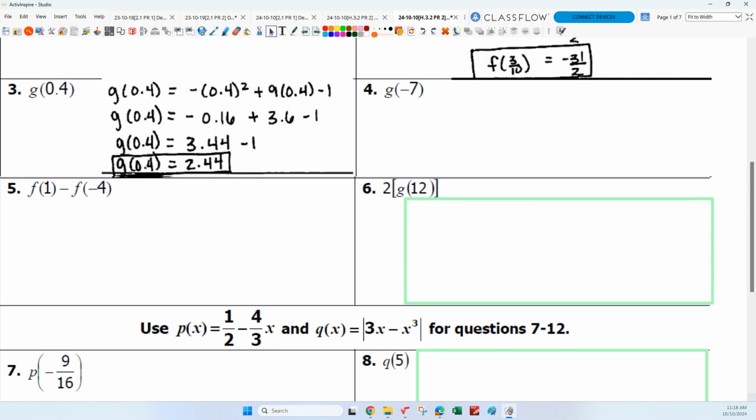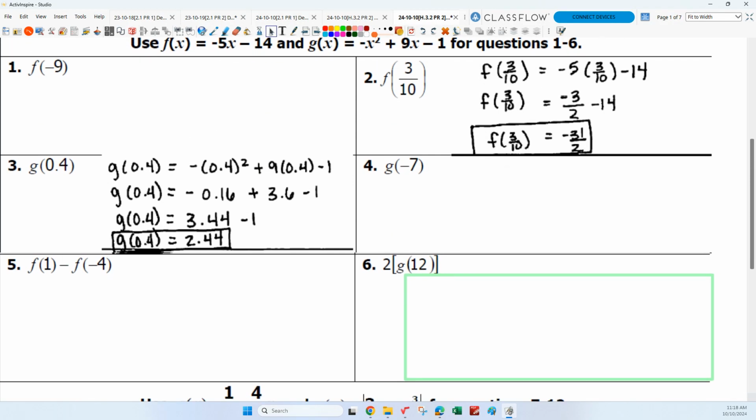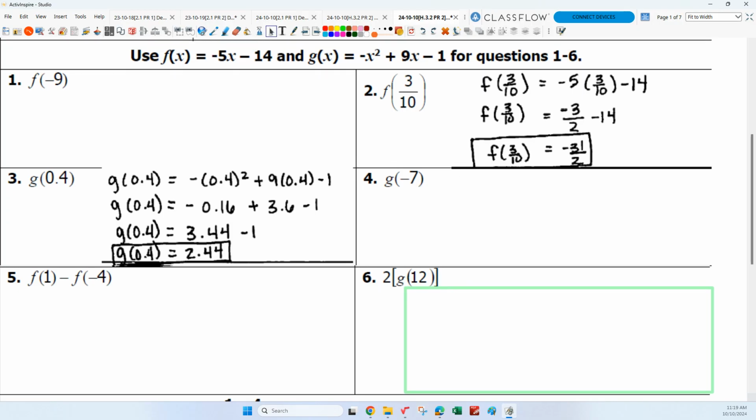What would I be doing in number 6? What in the world is that? 2 times g of 12. There you go, right? There's really 2 parts to this. First, I have to figure out what is g of 12.